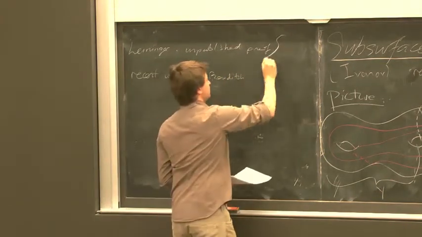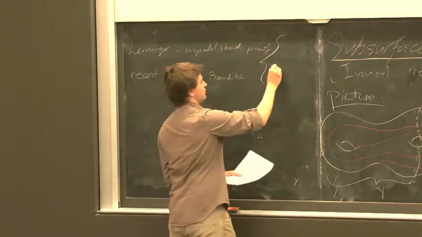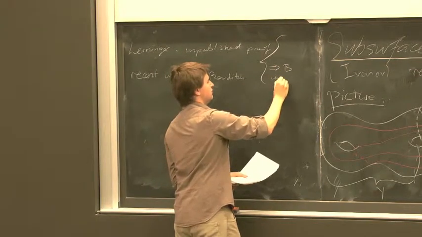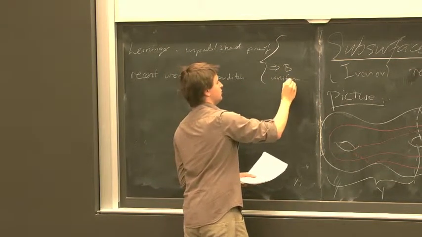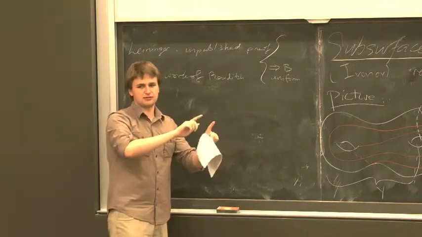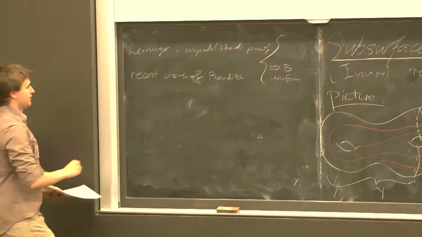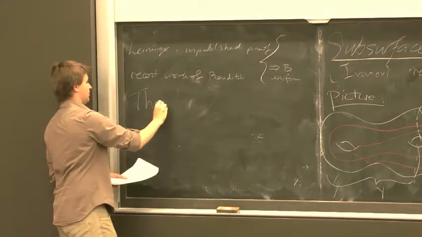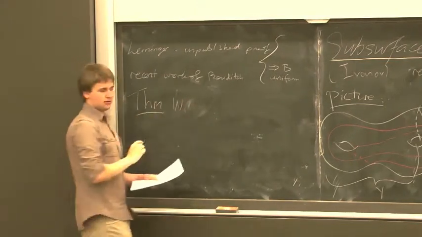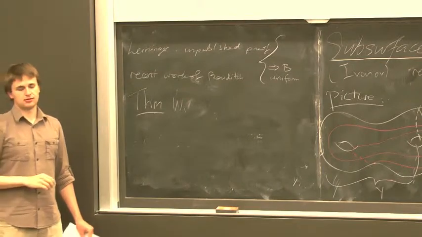If you combine these two, then you get a B that's uniform, so a B that's independent of S. I just want people to know this. Sorry, but recent work of Bowditch is his proof of uniform hyperbolicity.